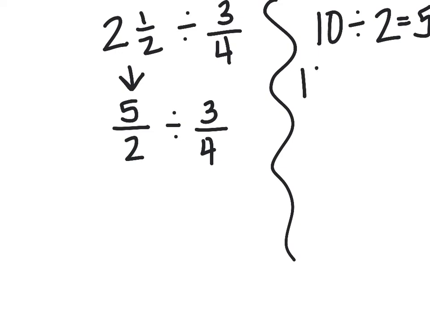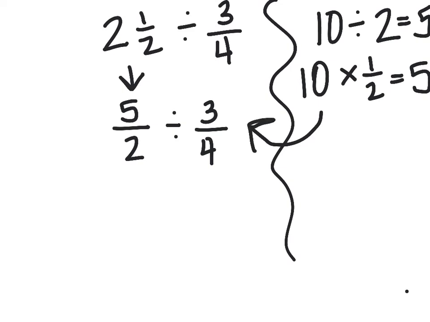We also know that 10 times 1/2, or 1/2 of 10, is also 5. So this idea shows us that we can multiply a number by the reciprocal of the divisor. So 2 and 1/2 are reciprocals. That means they're the flipped versions of each other. So if we have 10 divided by 2, it's the same as multiplying by that reciprocal. We can apply this to our fraction division as well.